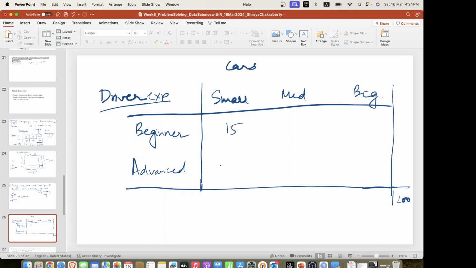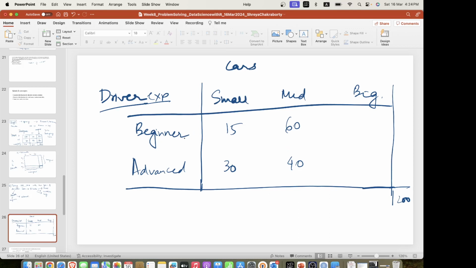Okay, let's say 30 people are advanced but they are testing on a small car. Here again I have, let's say, 60 people who are beginner but testing on a medium sized car. Alright, and 40 people are advanced but they are testing on a medium sized car.